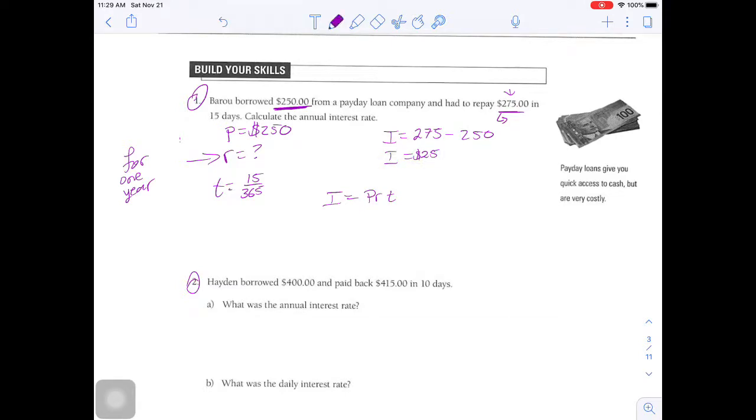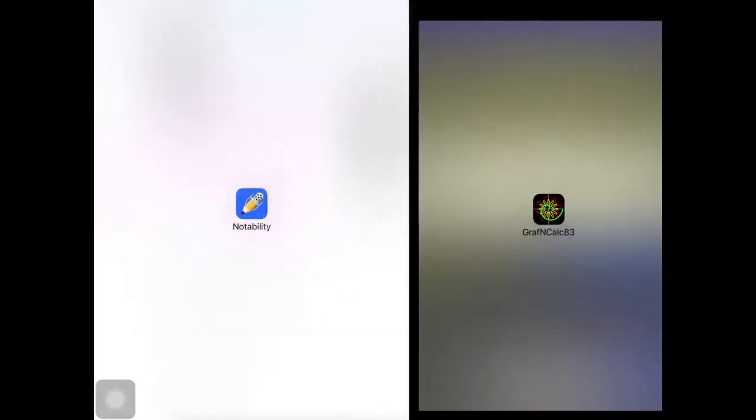So he paid an additional $25. He initially took out $250, so that's P. We're trying to solve for the annual interest rate, right, yearly. And then our T value, well, remember, since this is a yearly R value, our time will be 15 divided by 365, because that's the fraction of a year. And then from there, we're solving. So what you're going to do is multiply this number by this number. You're just going to obviously use your calculator here.